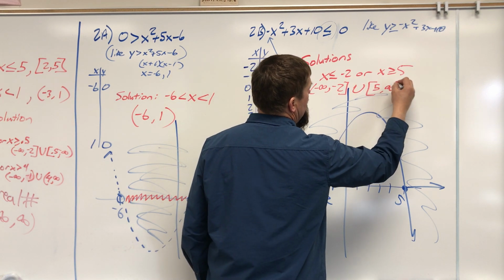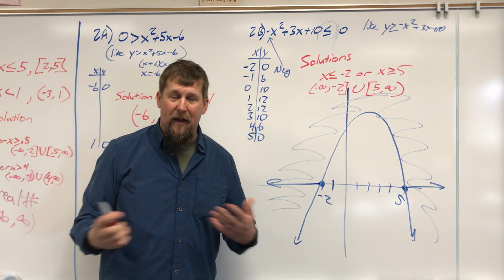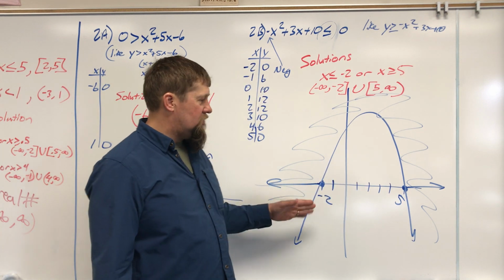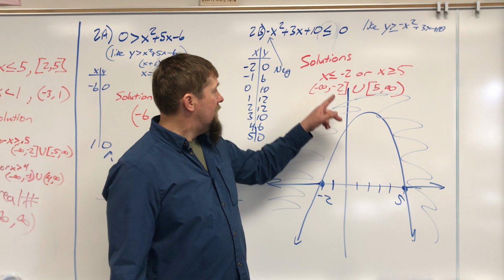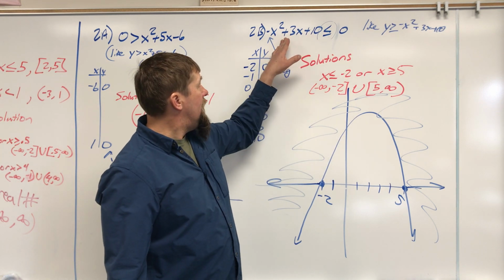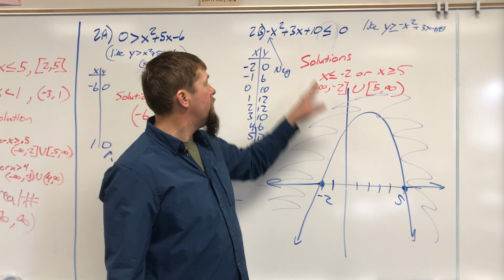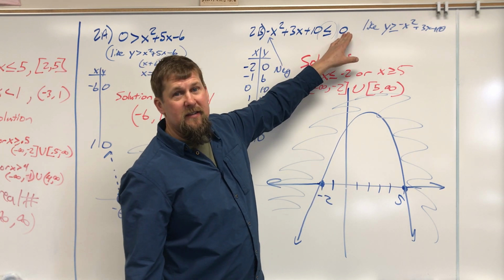Now, if you're unsure whether you shaded it correctly, but you know you've got the two intercepts correctly, again, just check an answer. If I put 0, 0 in for x and y, does this side less than this side?